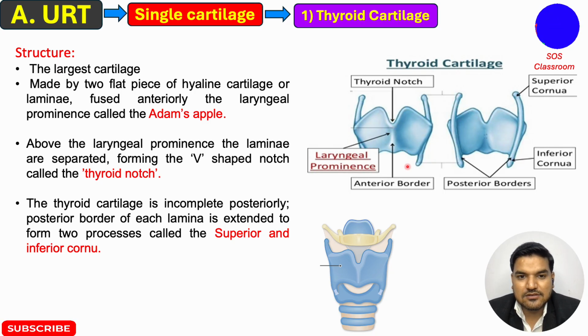Adam's apple is more prominent in males than in females, and the prominence starts from puberty.